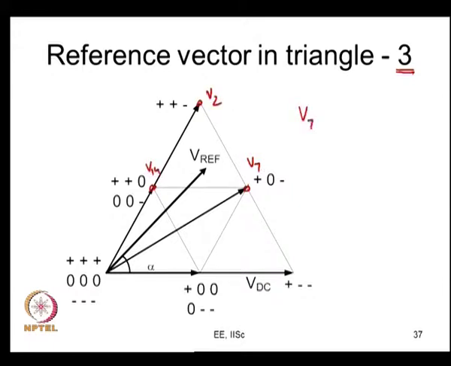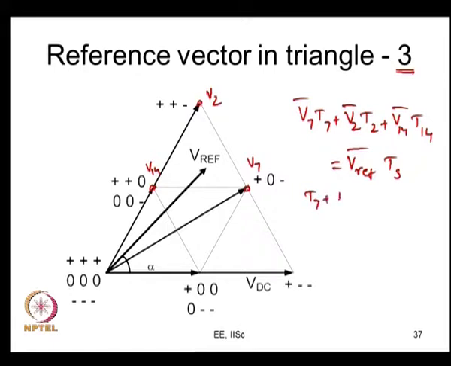You would say V7 T7 plus V2 T2 plus V14 T14 equals V reference Ts. The idea of volt second balance is still the same, but the choice of vectors is different. So, you have T7 plus T2 plus T14 equal to Ts.